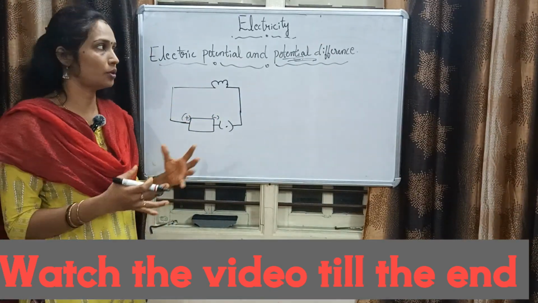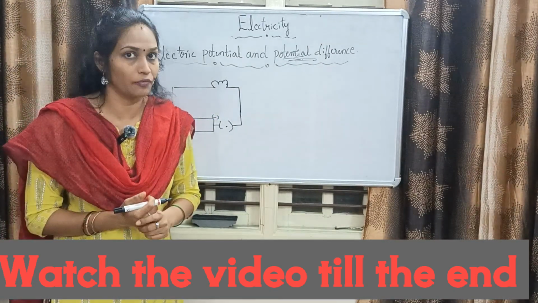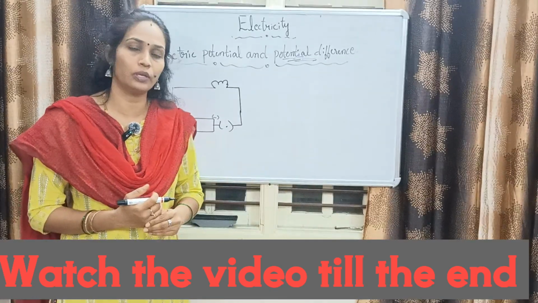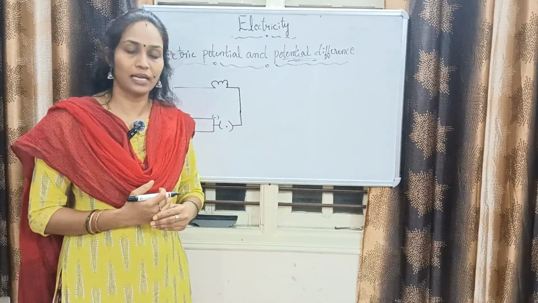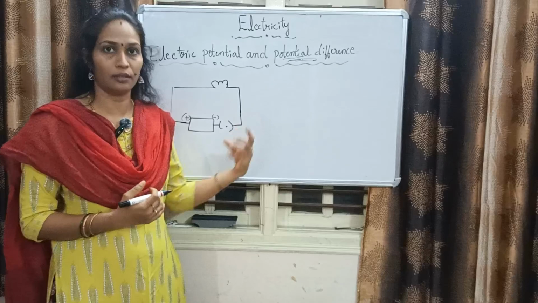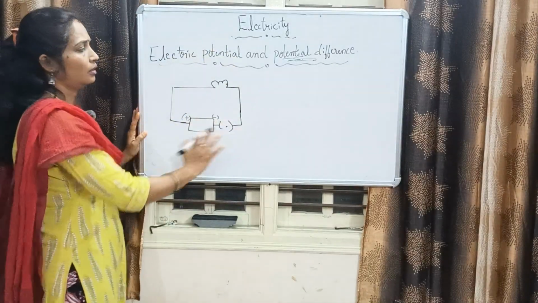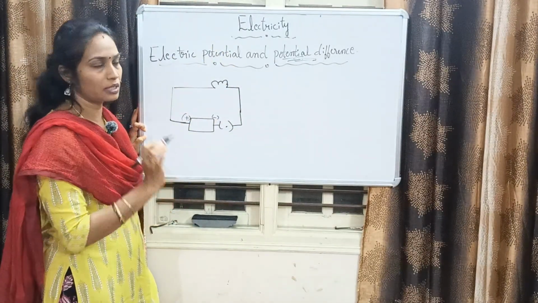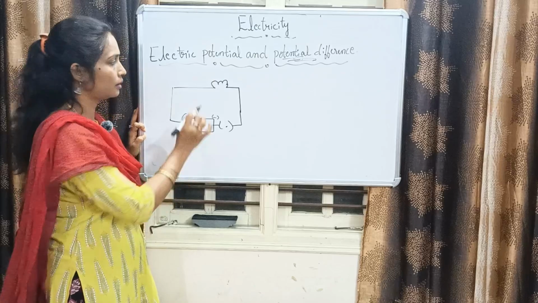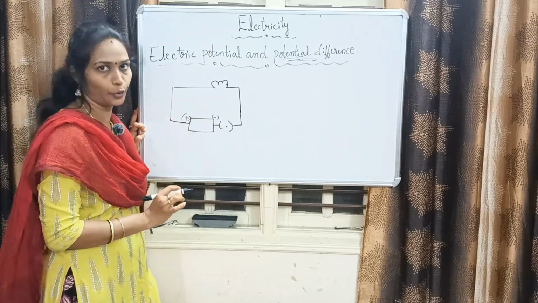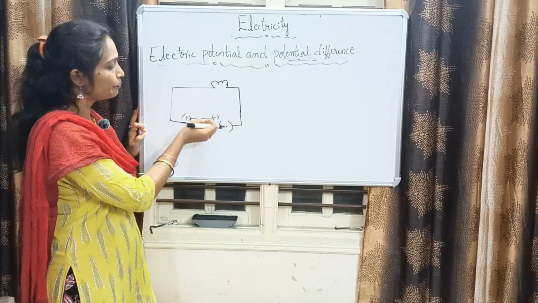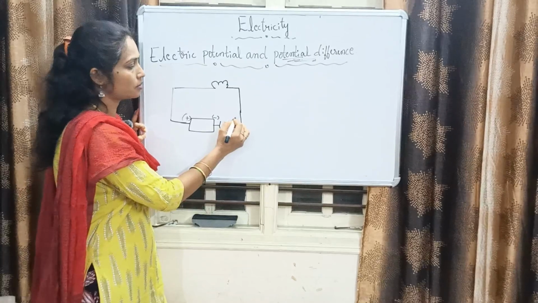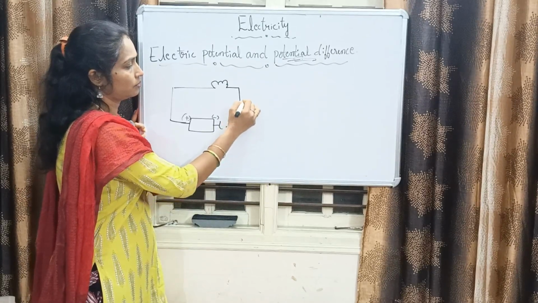Okay, let me tell you what potential difference is, how the potential difference works, and what type of problems will arise in an exam. Let me start with the session. So potential difference is something we are going to learn with the help of a circuit diagram. And I told you the electrons must move.